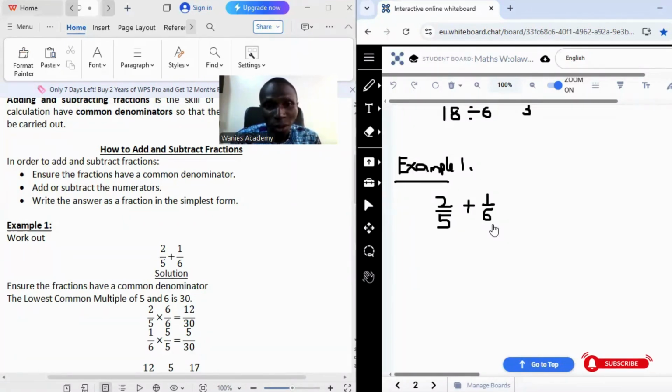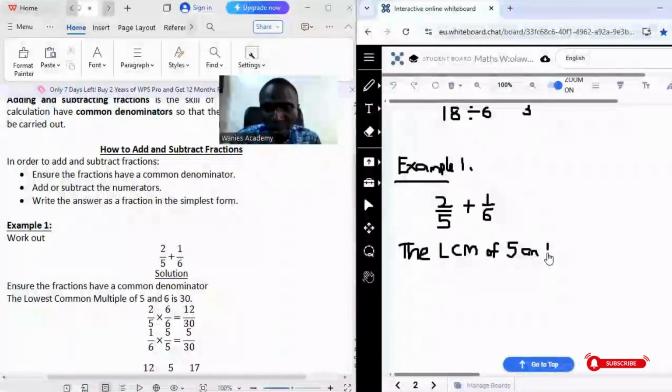So how we're going to do this is to look for the LCM of 5 and 6. So we can say that the lowest common multiple, or the LCM of 5 and 6 is 30.